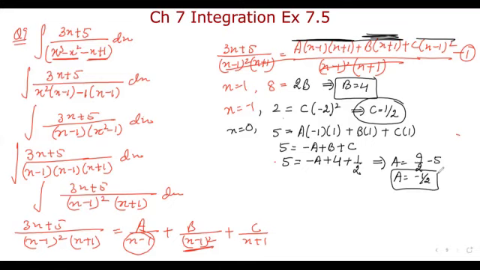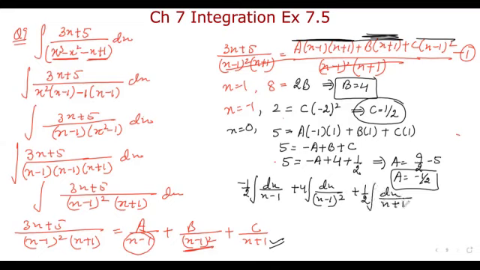This is the value of A. Now putting A, B and C in here. Now A is minus half, so minus half integral dx upon x minus 1. B is 4, so 4 integral dx upon x minus 1 square. C is half, so half integral dx upon x plus 1.